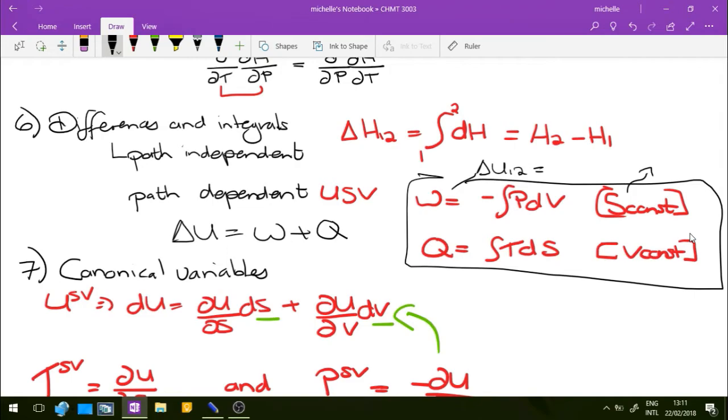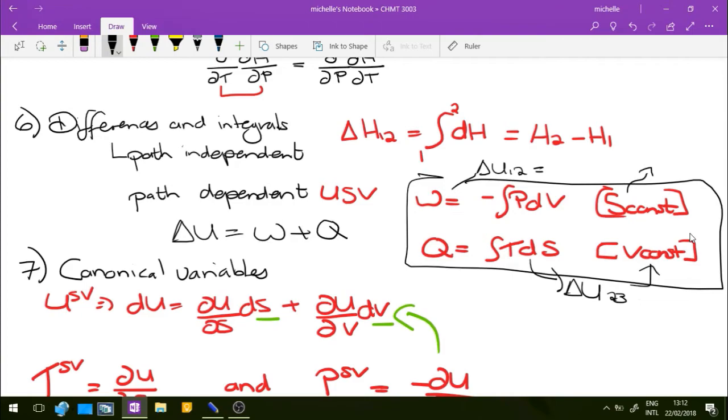And when your q equals TdS, that was your delta u23, and there V was constant, but inherently your w was 0. So work was 0 on this TdS path, and q was 0 on your PdV path, on this work path. So that's another insight if you didn't see that.